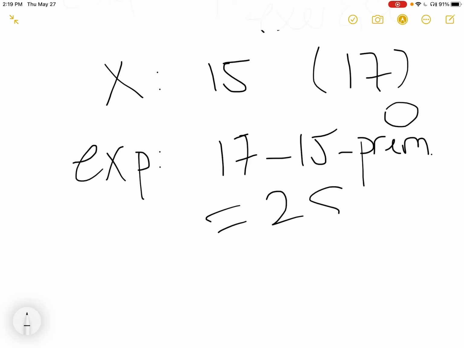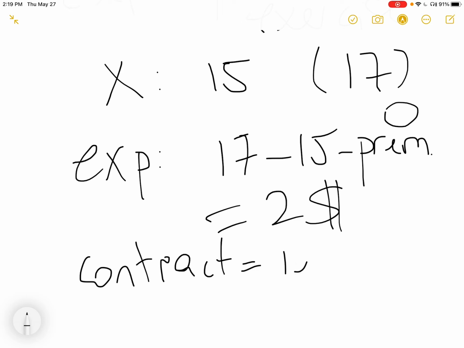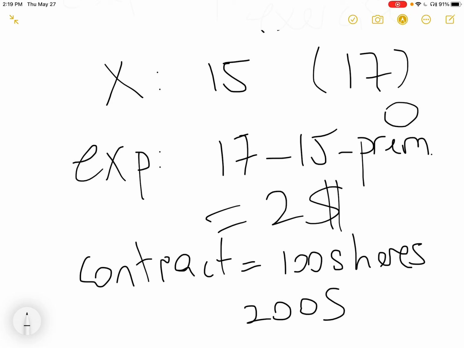So you have $2 per share, and an option contract holds 100 shares. So from this transaction, you actually make $200 profit minus the premium, which for now we assume is zero, but it's never zero. There's a reason people are buying or selling options, right?